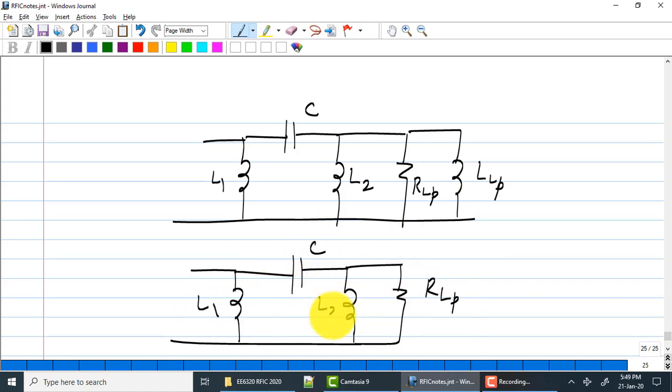So let me call this some L3. So of course L3 is, correct. You know that L3 is to be smaller than L2 or LLP. If it ends up being larger than LLP, this matching network will not work. You cannot, if the load inductance cannot be absorbed into this parallel L2. You understand? Yes.